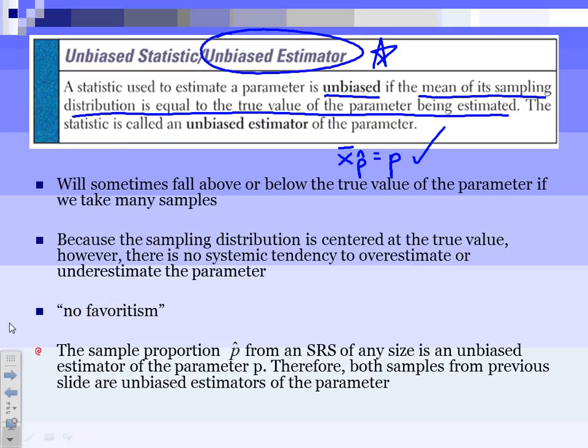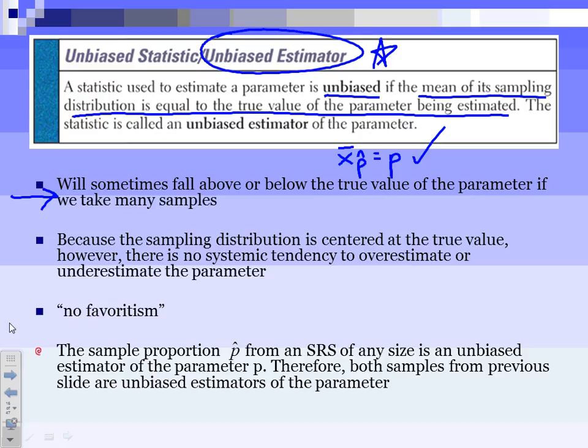And similarly, when we talk about the means, we'll see the same thing. If the mean of the sampling distribution is equal to mu, then it's also going to be an unbiased estimator. Now, that doesn't mean that it's always going to be that exact value, because sometimes we're going to get values below and above the true value of the parameter if we take many samples.